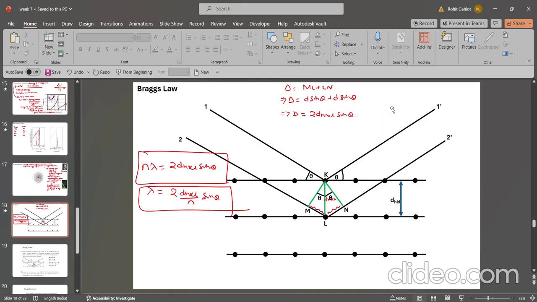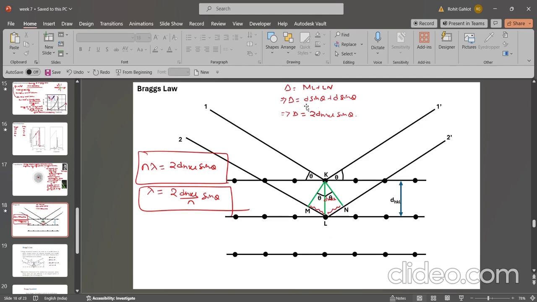Now if we define Bragg's law, which is very important: we all know that n lambda is 2d sine theta. If the wave is defined as a plane, parallel wavefront, then two wavefronts are coming, 1 and 2, and the second one has to travel an additional path difference, ml plus ln. This additional path difference can be defined as 2d sine theta.